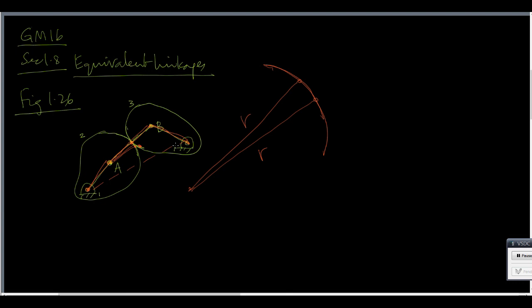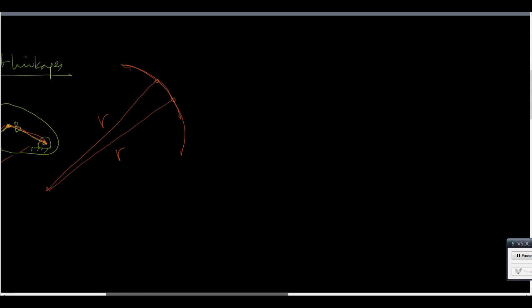Let's do a more complicated example. This one has to do with a cam and a follower. In fact, the use of equivalent links is powerful for cams. So here we have a simple cam follower system. You will see others like this. It's a flat-faced cam follower.